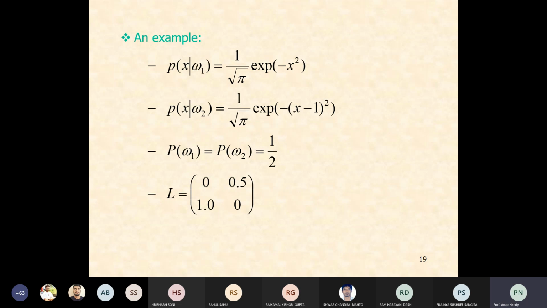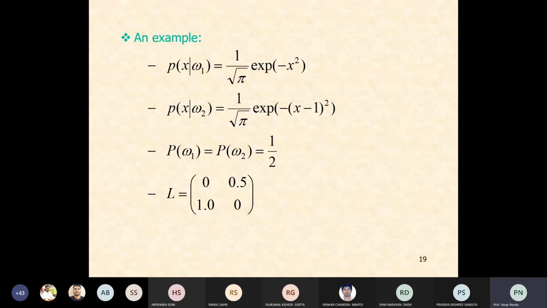Okay, now the question is that you have a 2-class classification problem with a single feature x, and the PDFs are Gaussian with variance sigma square equal to half for both the classes, and mean values are 0 and 1 respectively. For one class it is 0 and for the other class it is 1, and the density function is given to you, and P(w1) is equal to P(w2) is equal to half.